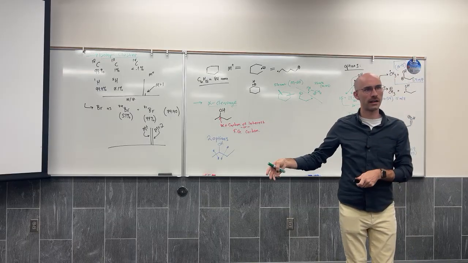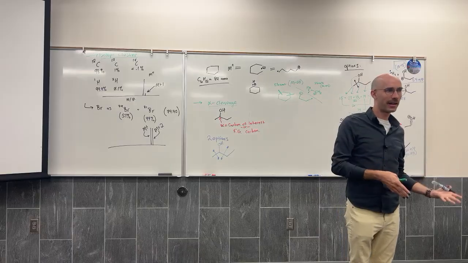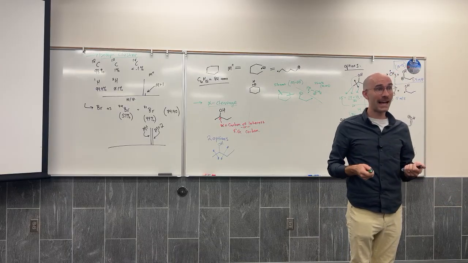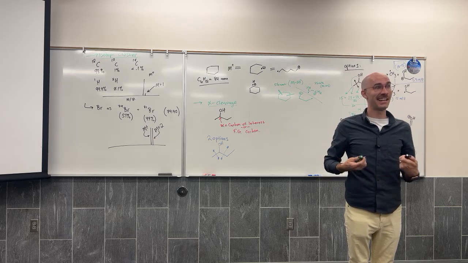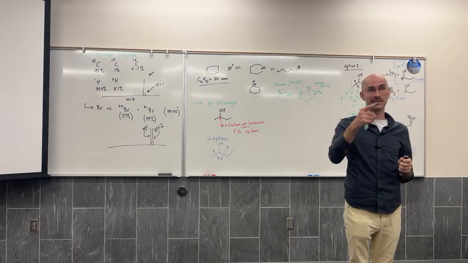Half of the molecular ions forming have bromine 79. Half of the molecular ions forming have bromine 81. And those different masses hit the detector at different places, reading as different masses.